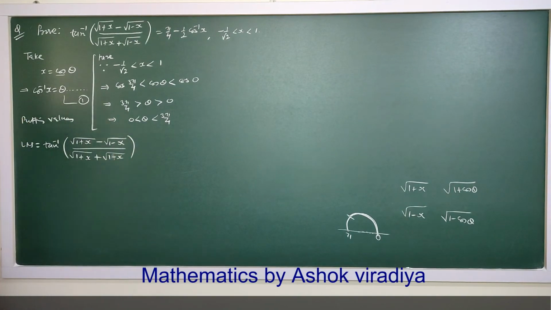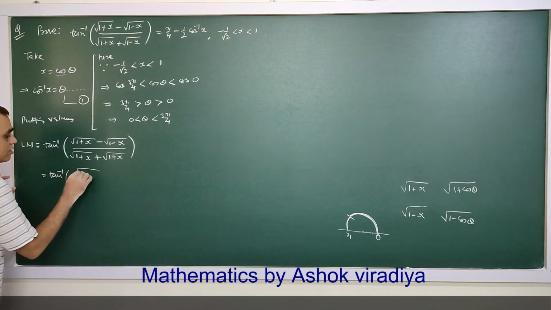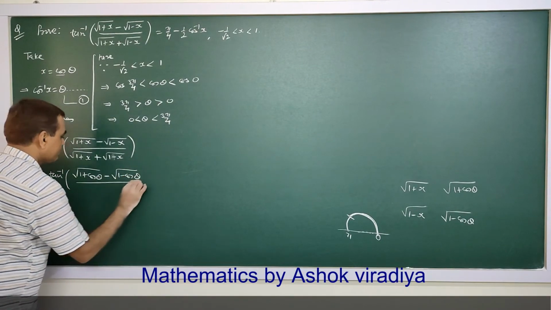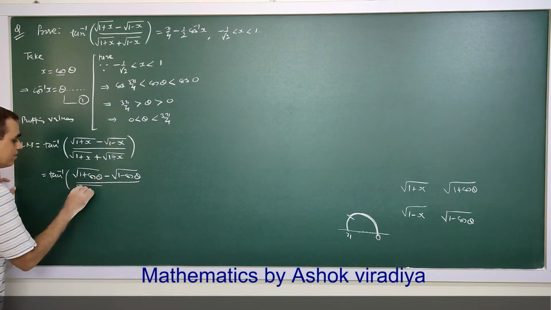This is LHS. Now I put x equal to cos theta. So x is cos theta. Here, 1 minus cos theta, and again x is cos theta, 1 plus cos theta.